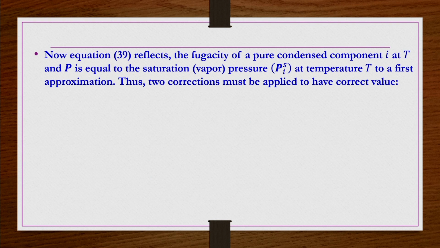Now, equation 39 reflects that the fugacity of pure condensed component i at temperature T and pressure P is equal to the saturation pressure Pi^S at temperature T to a first approximation, but there is a correction. Indeed, there are two corrections because the pressure is going beyond Pi^S.